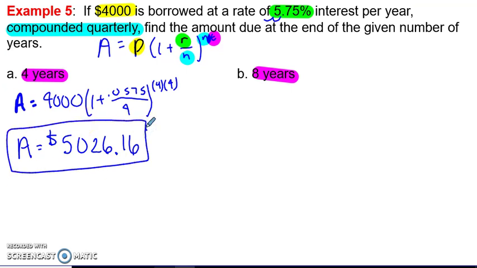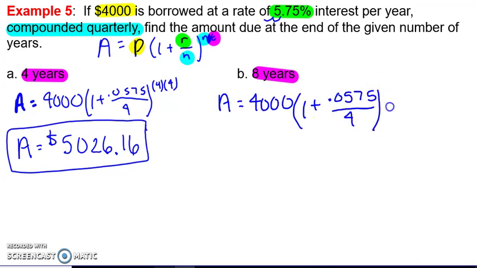So let's look at part B. Only thing different is that we have the year to be 8. So our T value will change to 8. So we have A equals 4,000 times 1 plus 0.0575 over N, which was 4 for quarterly, times 4 times 8.